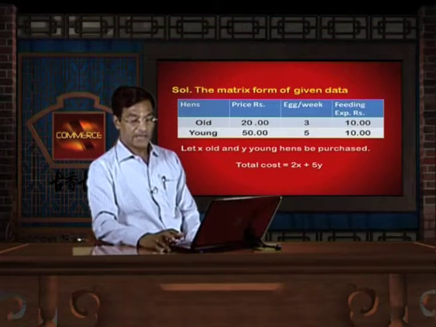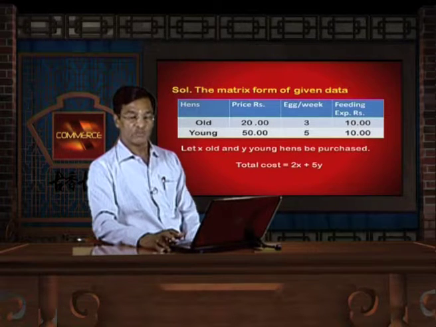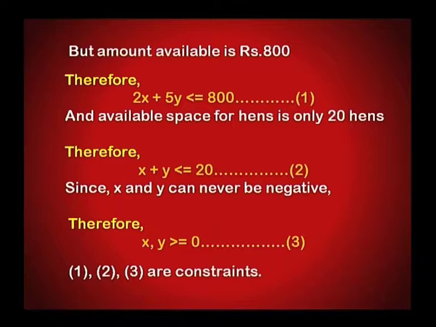Let x old and y young hens be purchased. Therefore, the total cost becomes 20x plus 50y. But the amount available is only Rs.800. Therefore, 2x plus 5y must be less than or equal to 80 in units of ten, that is, 2x plus 5y less than or equal to 800 as stated.